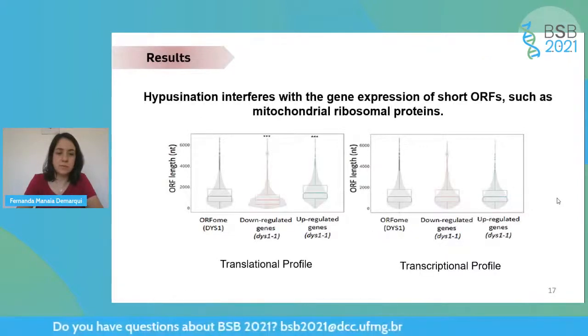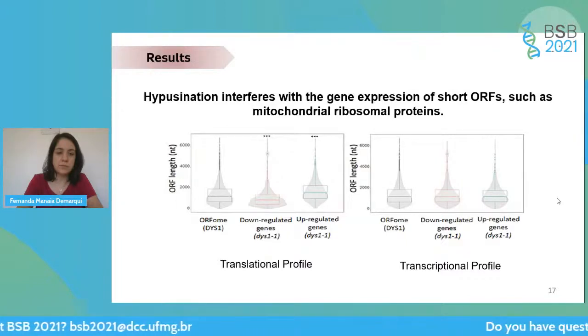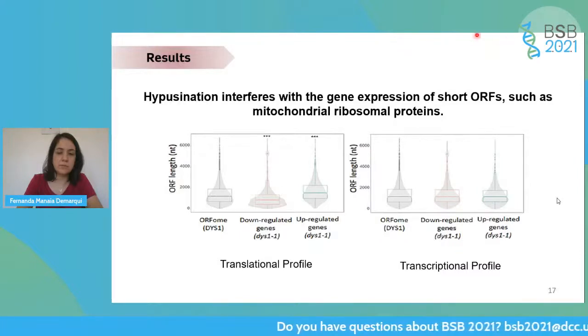So, as a result, we have that hypusination interferes with the gene expression of short ORFs, such as mitochondrial ribosomal proteins.